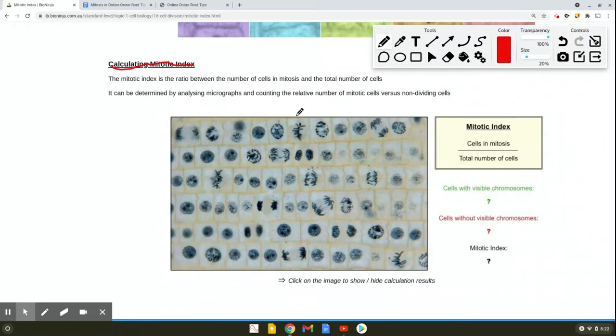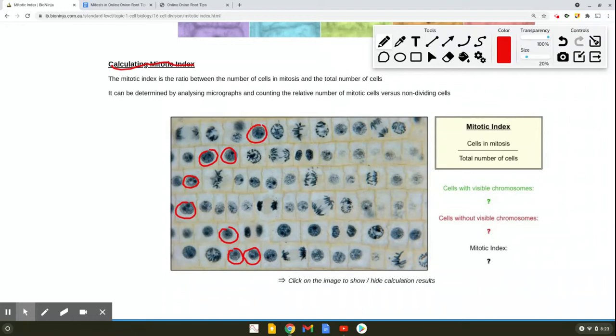So a lot of them are doing this. Hopefully you recognize this as from above. What is it? Think about it. It's interphase. Okay. So a lot of them are in interphase. And then some of them are in various other stages of mitosis.